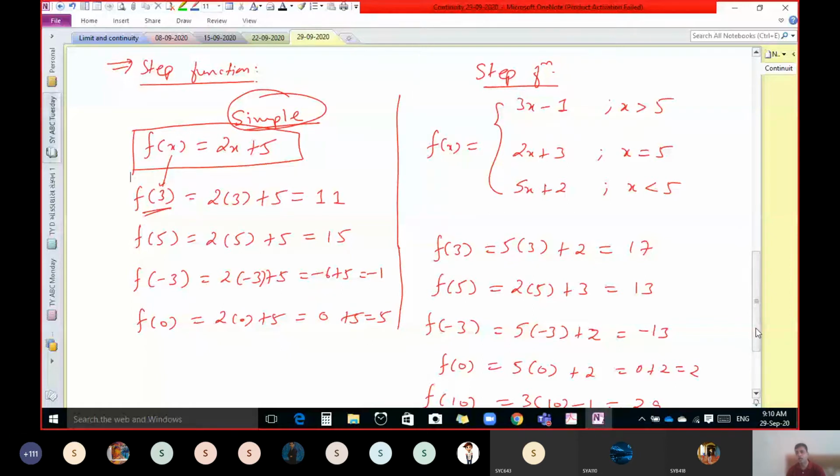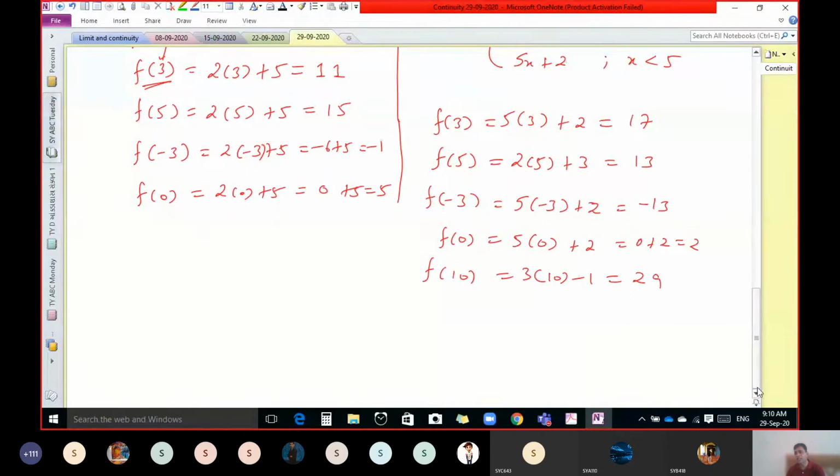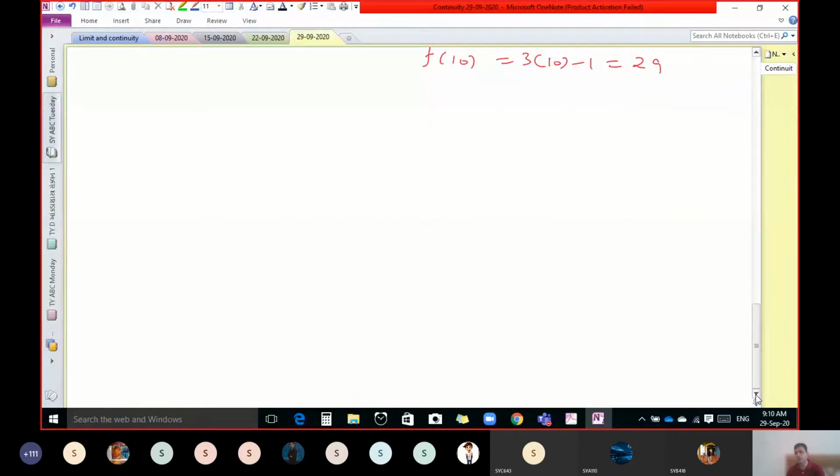Now, any of you can give me a practical example of step function? Where we have to use this type of step function in practical life? Because you are students from commerce, you must have some idea about this step function because you are using it frequently in your commerce field. Any of you?